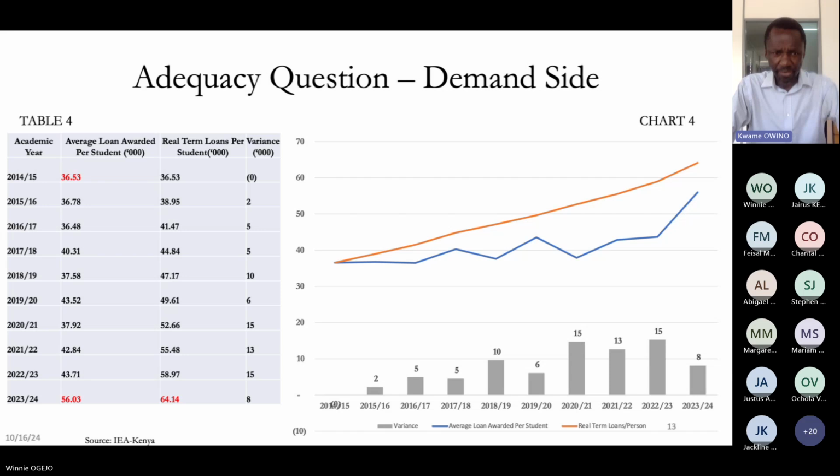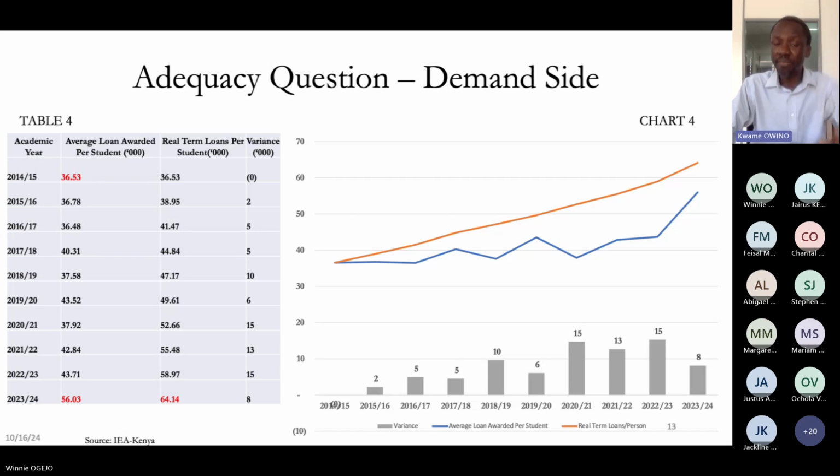As you can see from this chart on table 4, the buying power of an average loan in real terms was 36,053 in 2014.